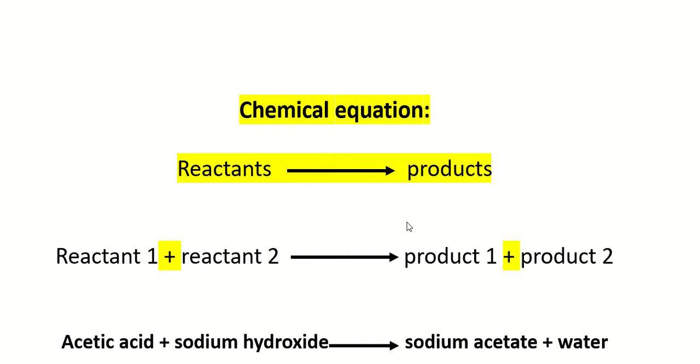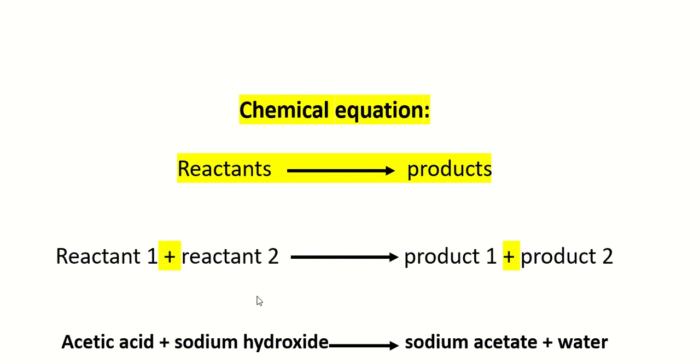Now let's talk more specifically. Instead of reactants and products, let's put the names of the substances. Let's remember, what are the reactants of our experiment? Acetic acid from the vinegar and sodium hydroxide from the baking soda. What are the products? The products were sodium acetate and water.